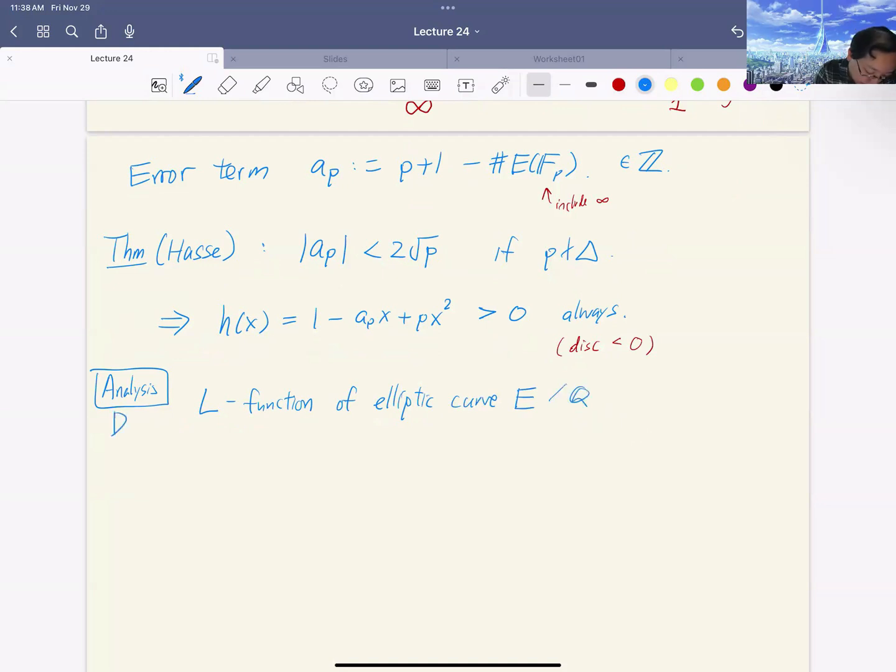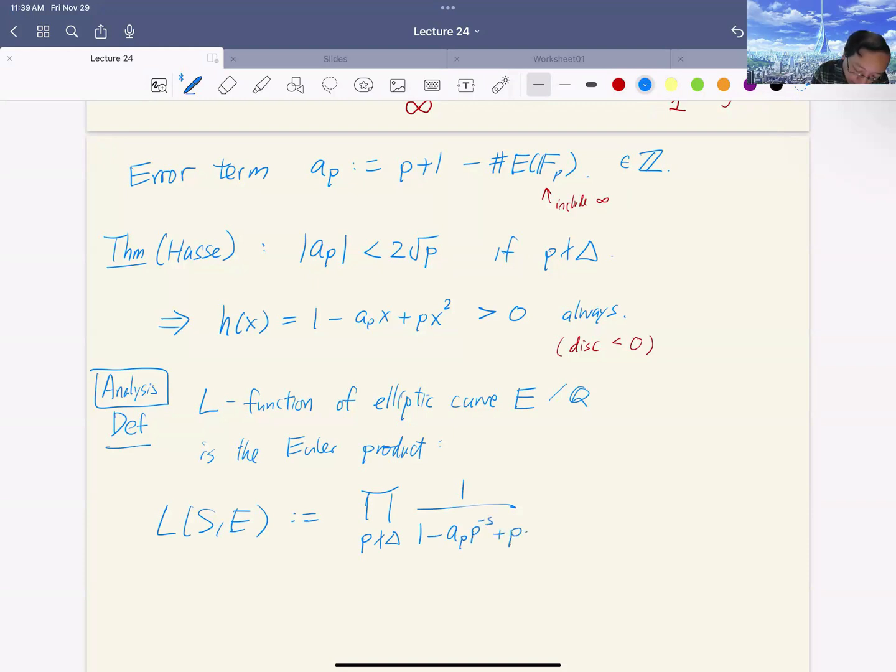This is the Euler product, defined over all the primes. Again, we don't want the bad primes, so just over all the primes that are good, of this quadratic polynomial, but we plug in x equals p to the minus s.